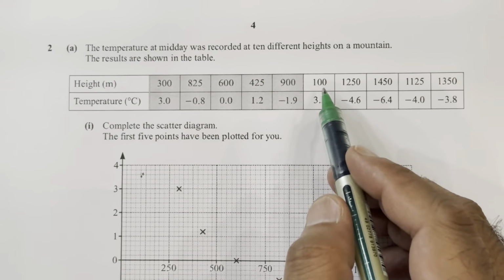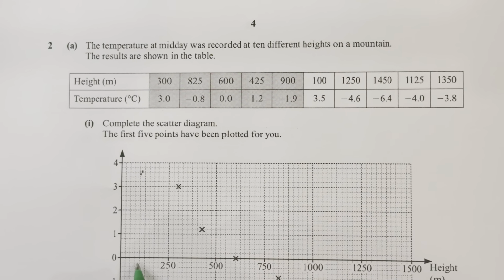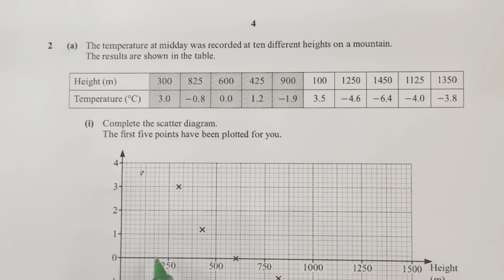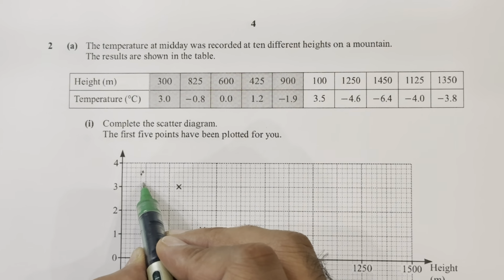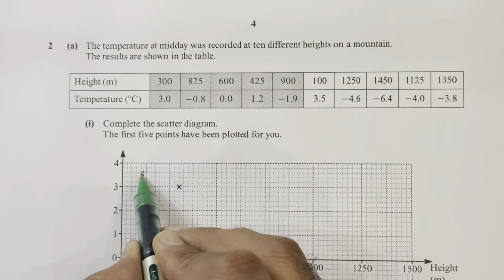So 100 with 3.1 would be over here, because each box is carrying the value of 25. So 100 would be here, and the value of 3.5, that is 3.2, 3.4, and approximately over here it would be 3.5.